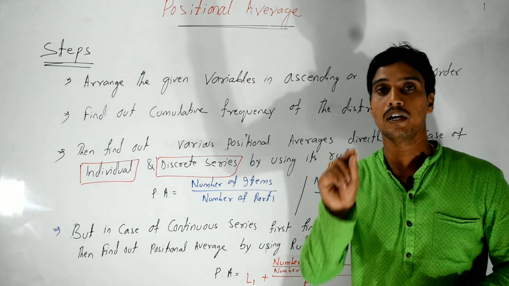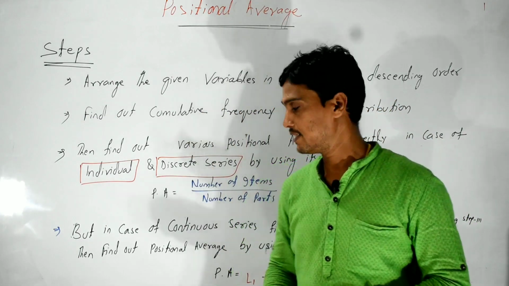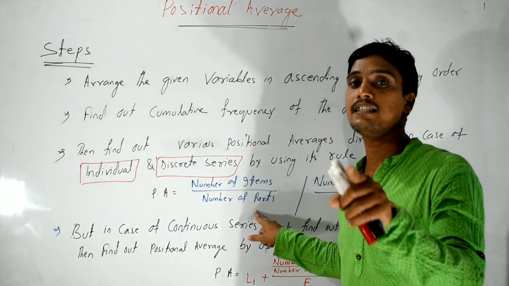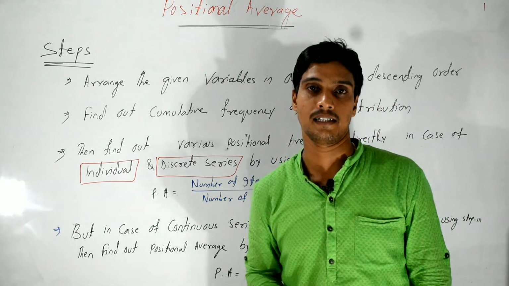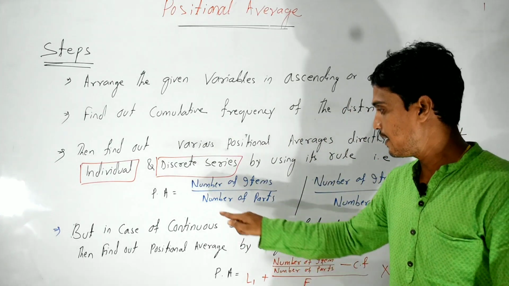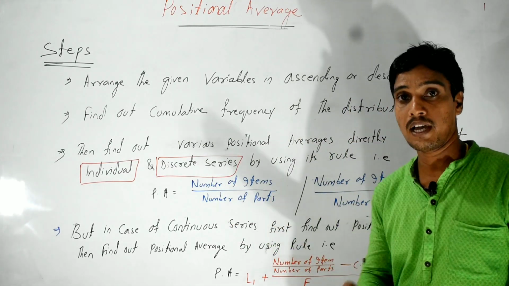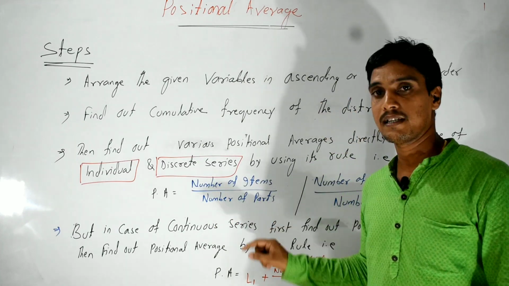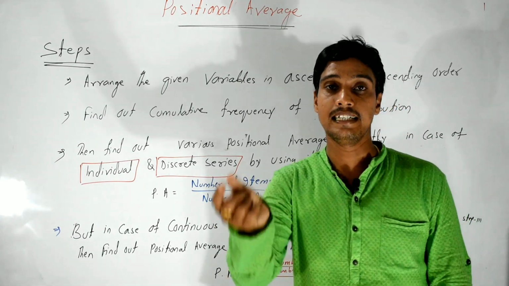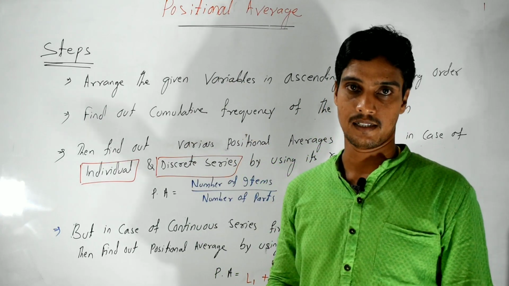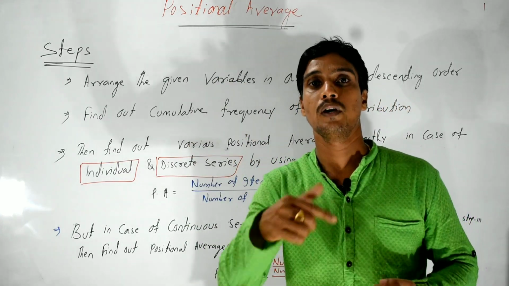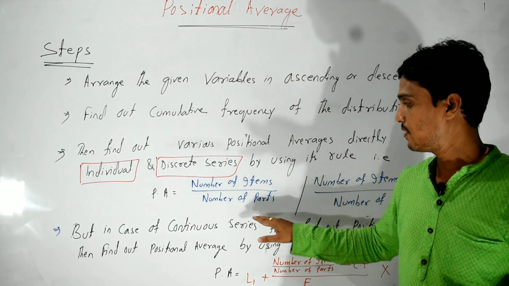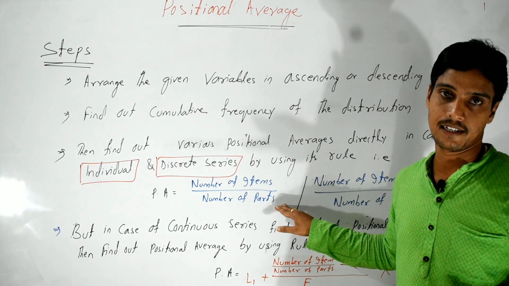That means when we calculate median, we should divide by 2, as the median divides the series into 2 equal parts. Whereas in case of a quartile, we have to divide the number of items by 4, because it divides the series into 4 equal parts. Similarly, when we calculate percentile, we should divide by 100.